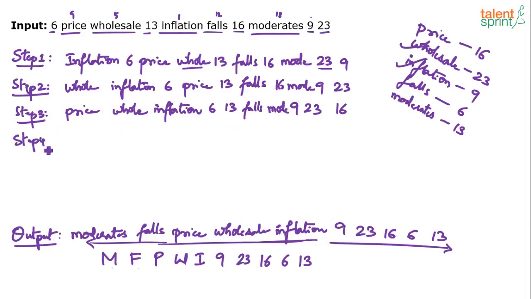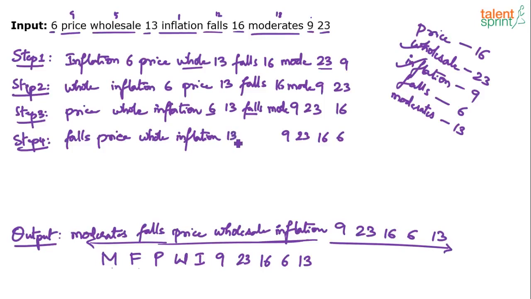Then step 4, before price we want falls. So falls, everything else is moved inside: price, wholesale, inflation. With respect to numbers, 9, 23, 16, and falls is 6. So you move these two and copy it. 13 and moderate will get copied in the middle.